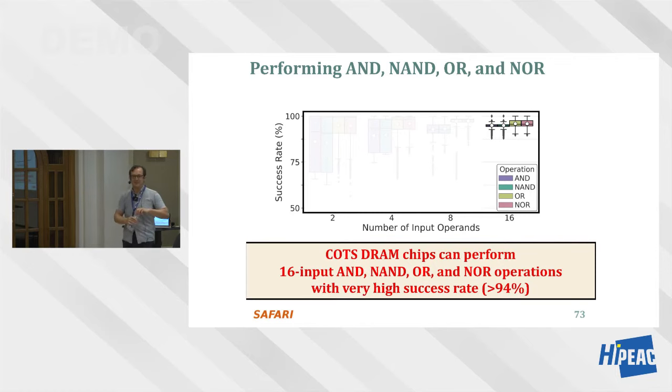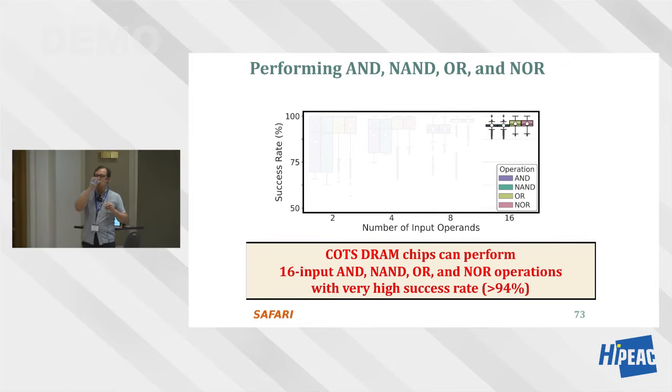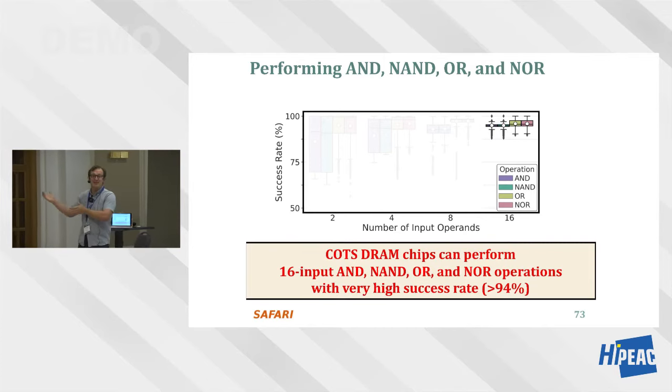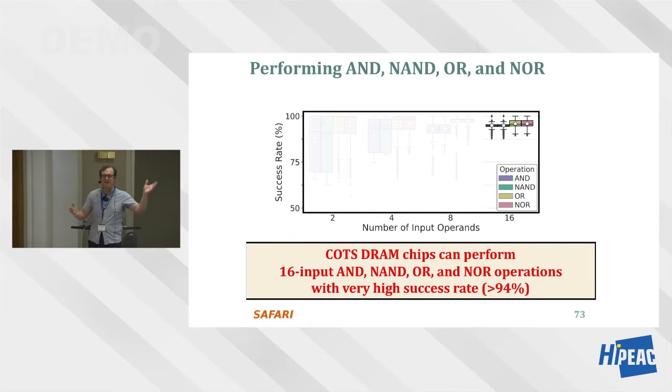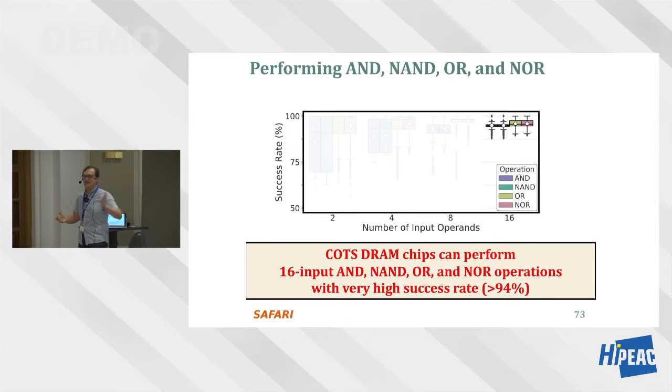Yes? What do you mean with high success rate? 94%. So 94, what is the highest success rate? Essentially, 6% of the bits don't work as expected. So you have some errors. Okay. Yeah. Lot of faults. Yeah, exactly. But that's expected because DRAM is not designed for this purpose. The fact that we get even 90% success rate is quite good in my opinion.